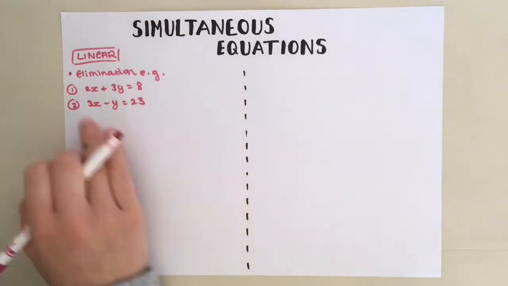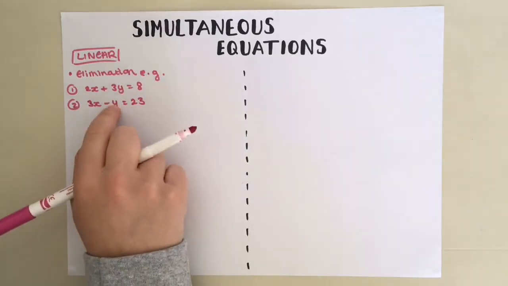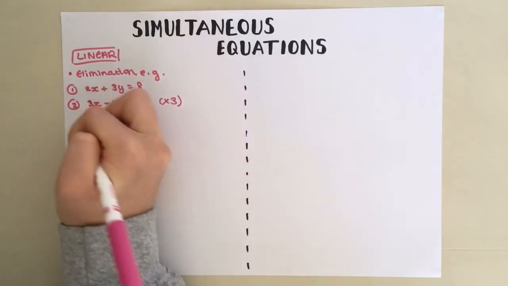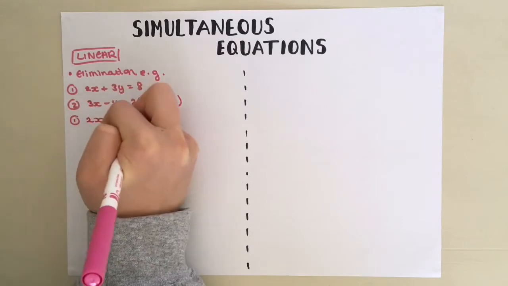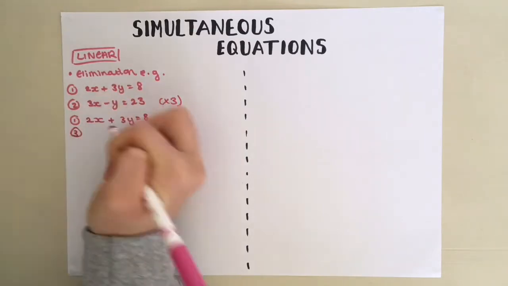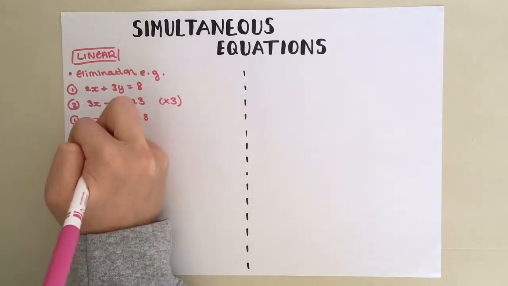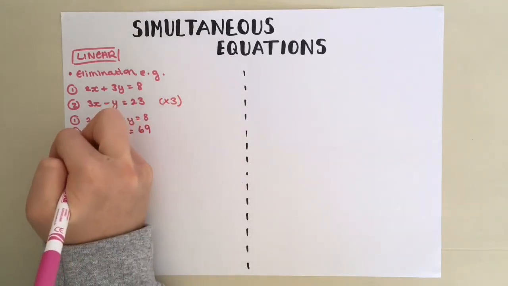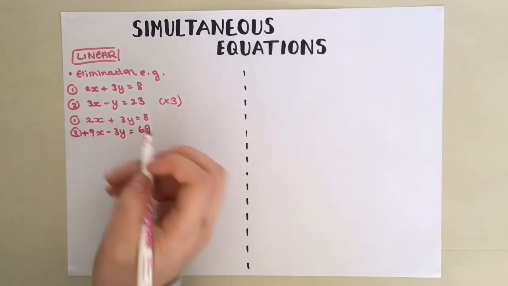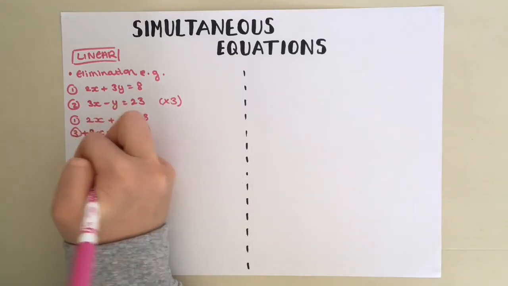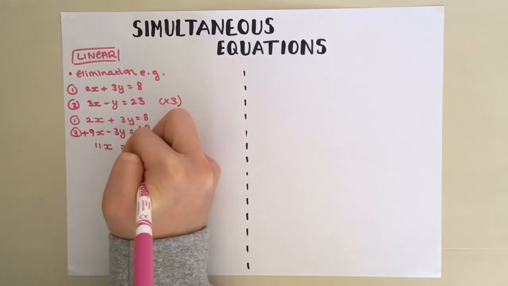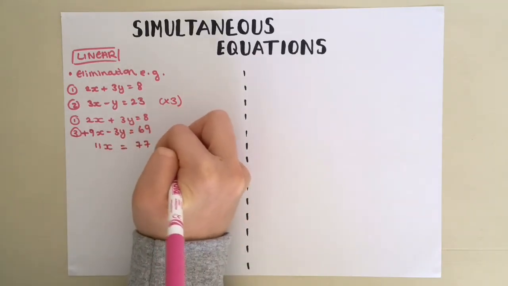So here we've got none the same right now, but if we times this by 3, we'll have 3y here as well as there. And then if we add these two equations together, sometimes you'll need to subtract, we will get 11x equals 77, and therefore x equals 7.